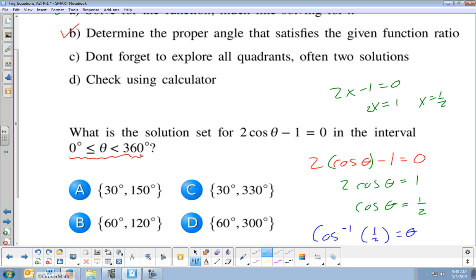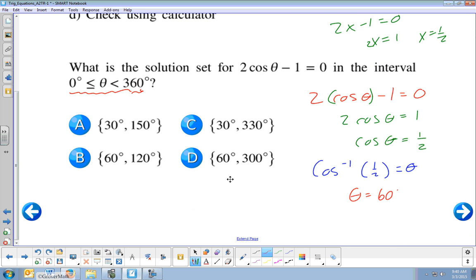This is probably the most important step and the part that people will mess up the most. Don't forget to explore all quadrants, often 2 solutions. What's meant by that, and notice that for this multiple choice question, we have 2 answers for each of these, is that you want to determine what quadrants you're dealing with.